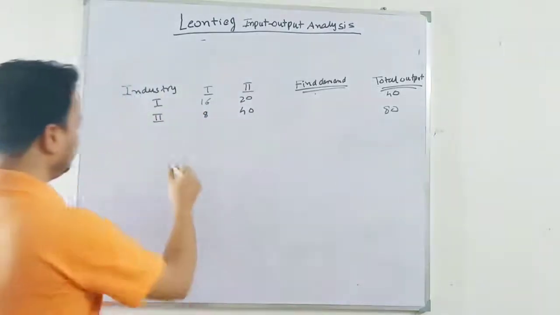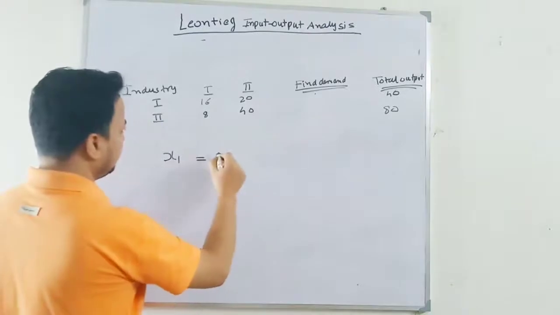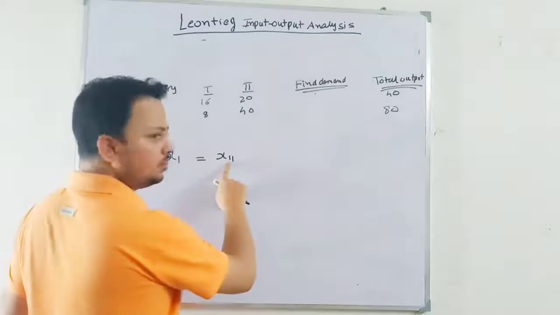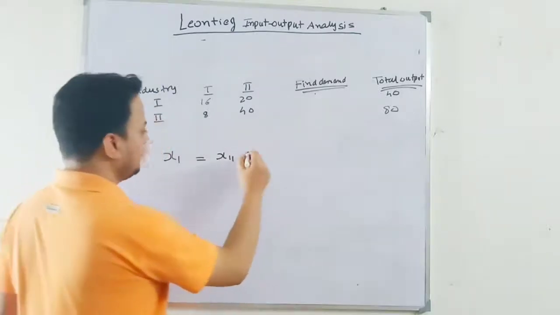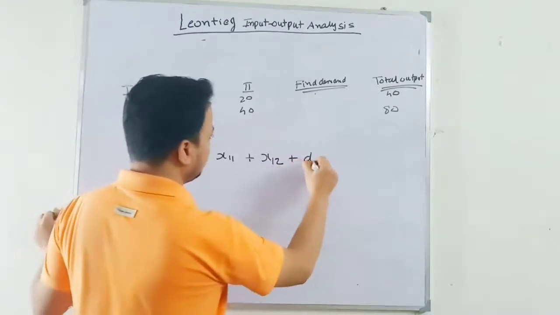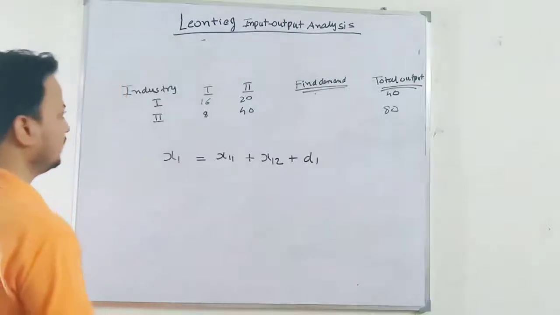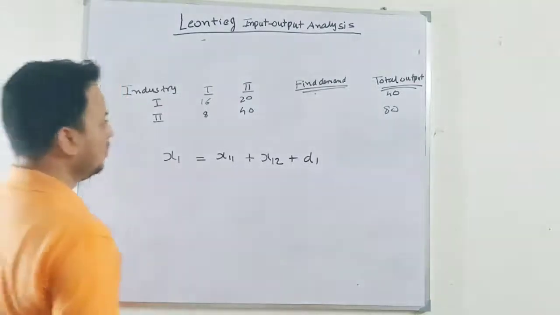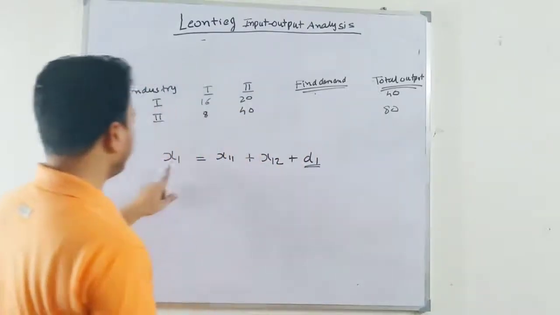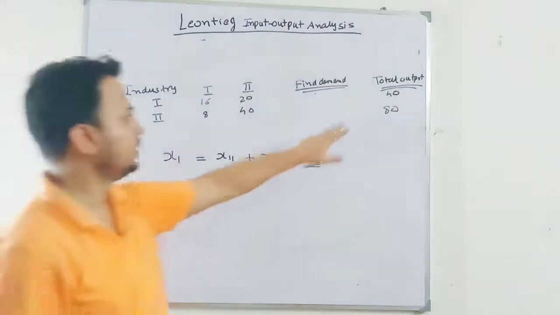For industry 1 it will be X11, the amount of output of industry 1 used by industry 1, plus X12, the amount used by industry 2, plus D1. D1 will be 0 in the Leontief economy model. So I need to find D1, because X1 is given here. In the previous question this was not given.